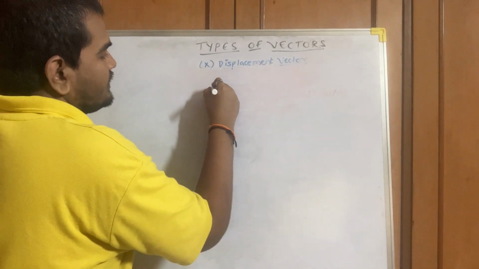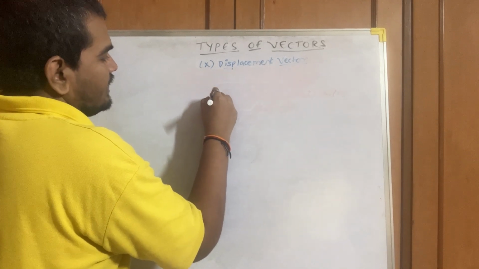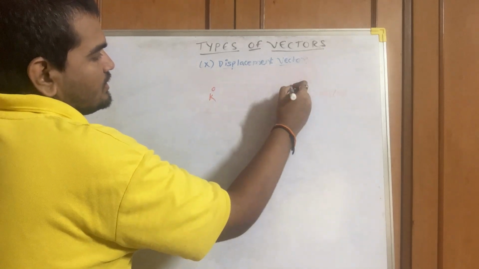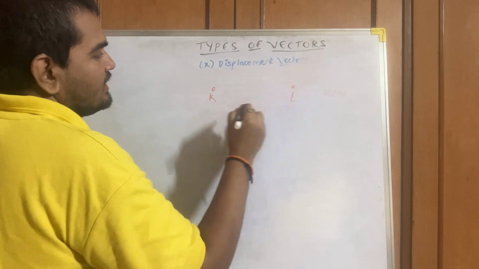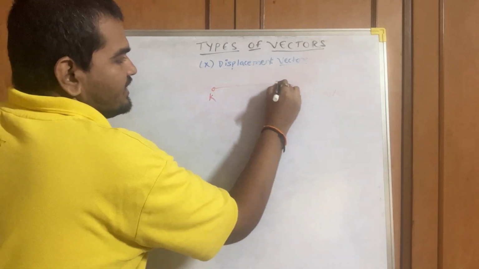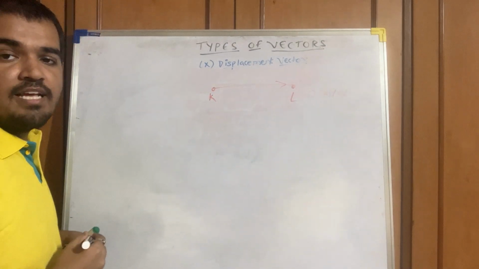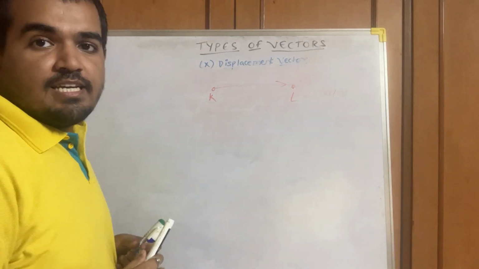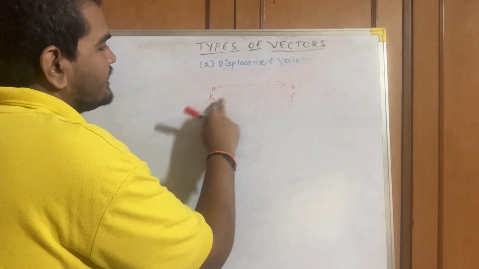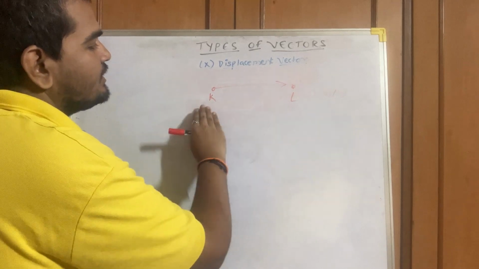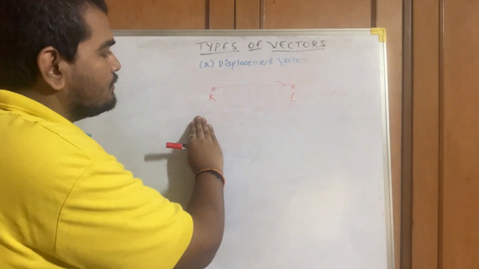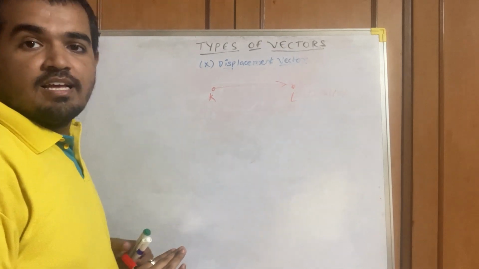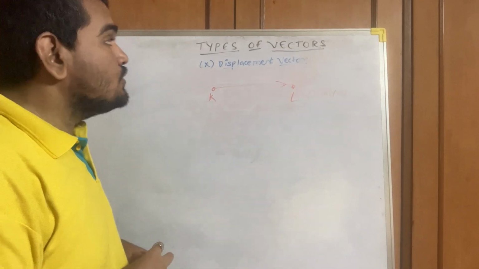Suppose I have a point K here. If I displace it to a point L, then the vector KL is known as the displacement vector. The displacement vector shows the displacement of a point from one point to another, suppose K to L. So hence we conclude this topic.